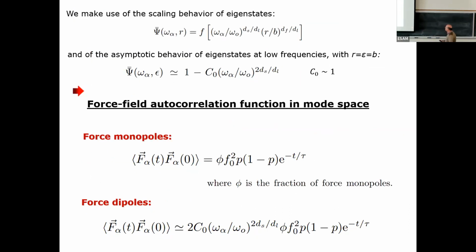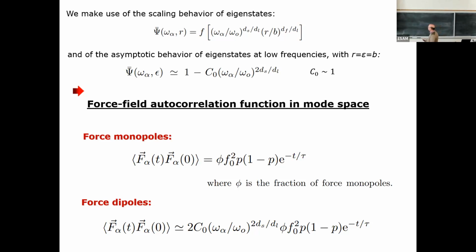And we make use of a few properties of the eigenmodes that are true both for disordered fractals and deterministic fractals. Disordered fractals are like critical percolation clusters. And this is quite terrible, I understand. But this is scaling. So ds over dl is a scaling function that connects distance r and frequencies.